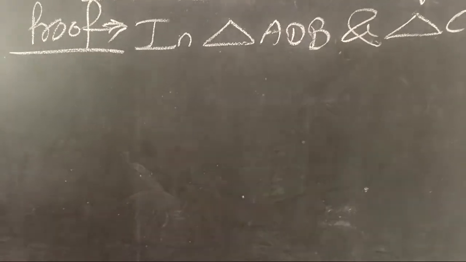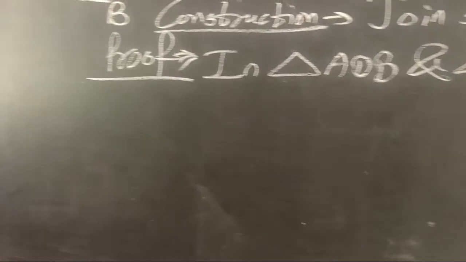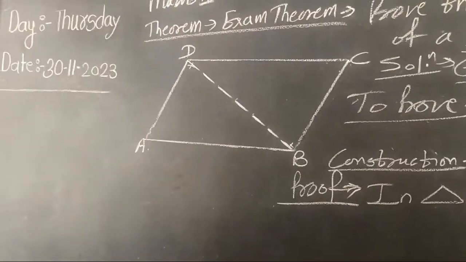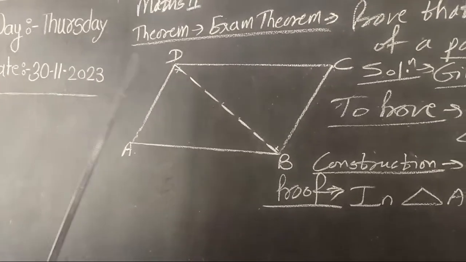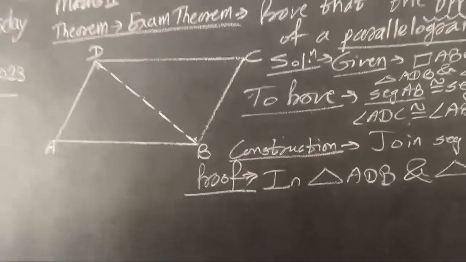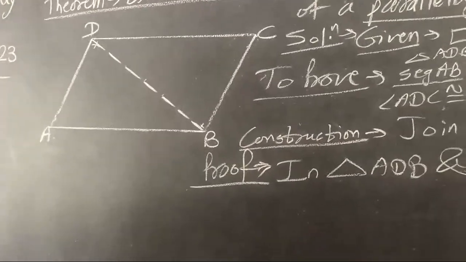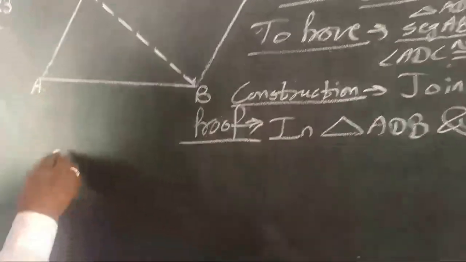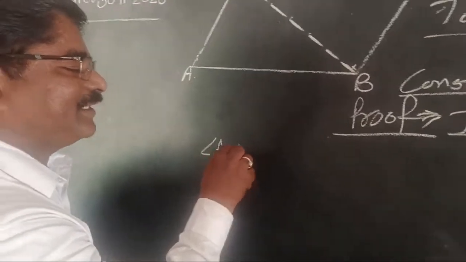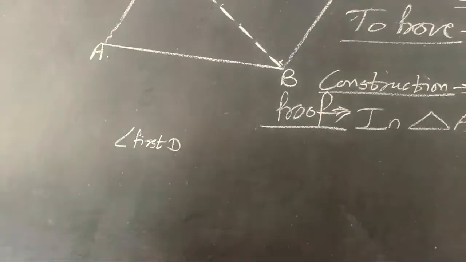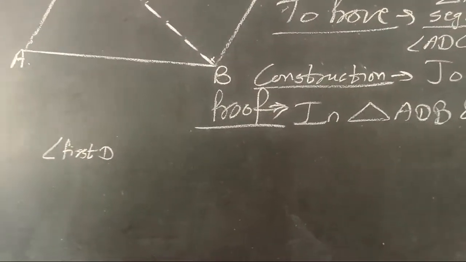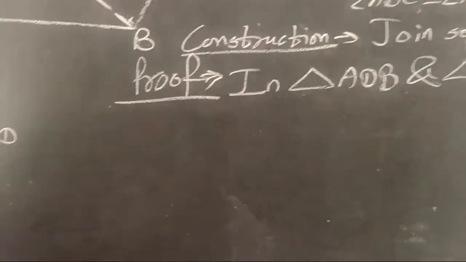Angle D means first, second or big third. Which D angle? There are three D angles. First, second and the big D is the third. What do you tell here? First D, angle first D. In this way you can write triangles, that is the correct answer.